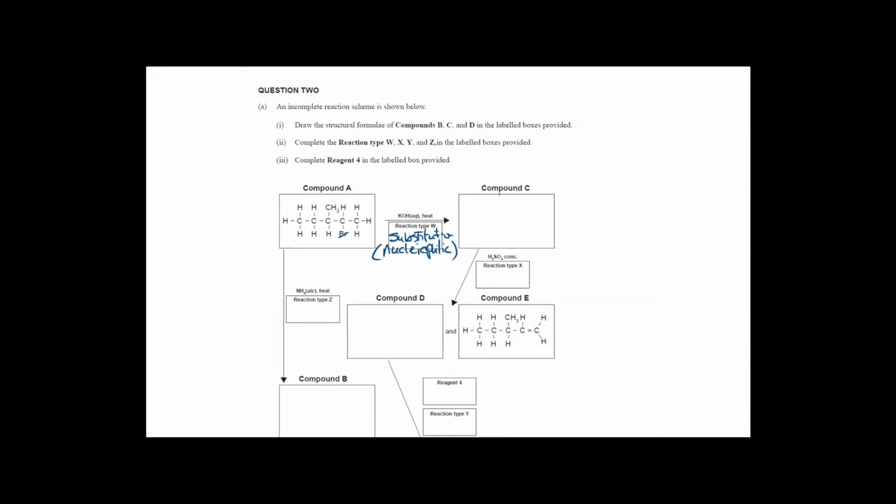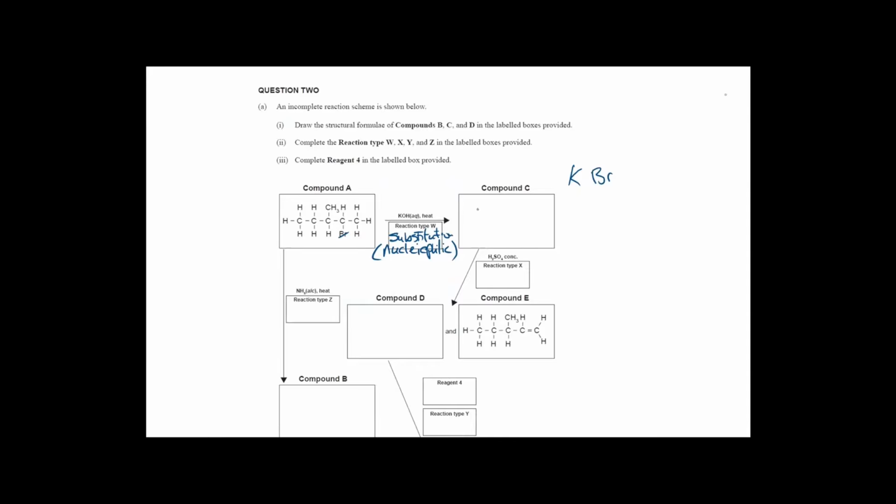Let me have a think. What's going to happen is that the potassium is going to replace the bromine, isn't it? This is nucleophilic substitution. So we're going to replace that with an OH, aren't we?